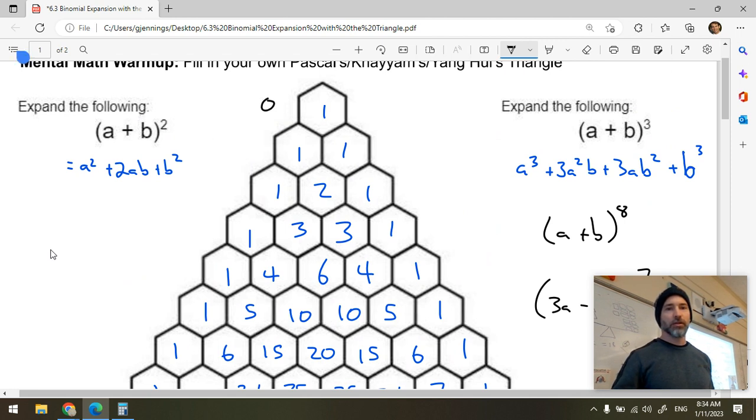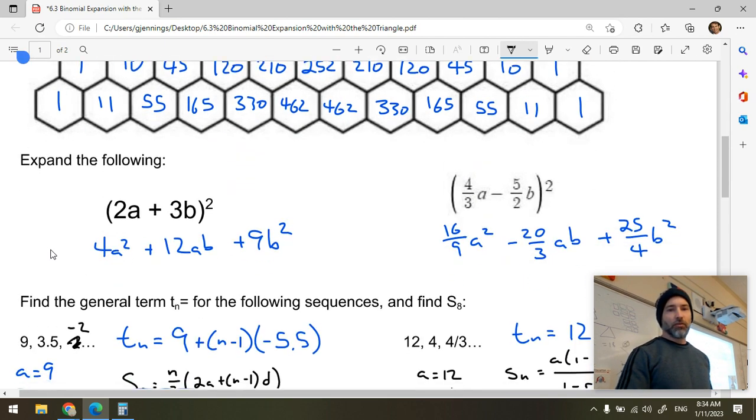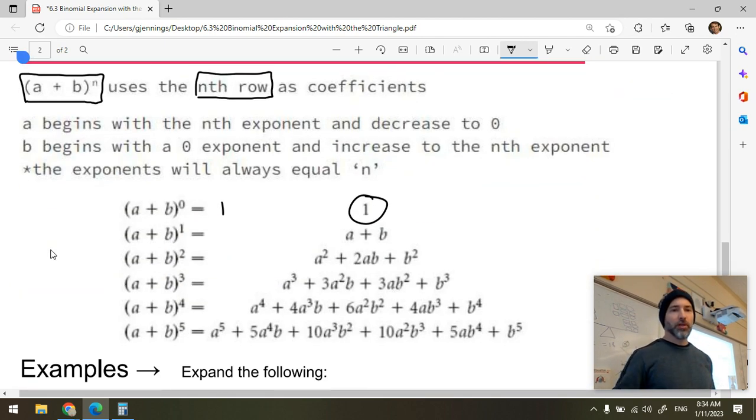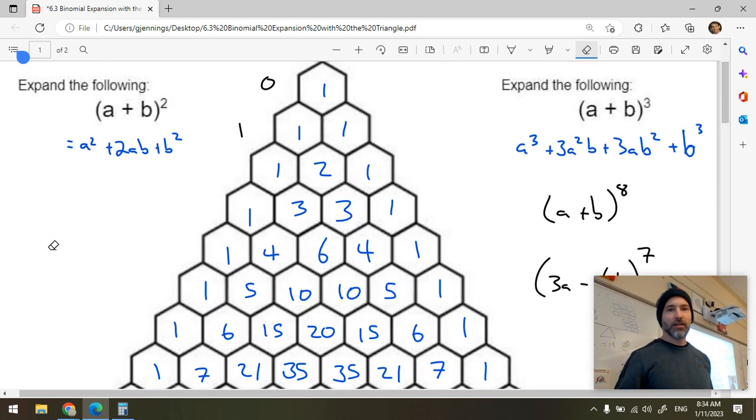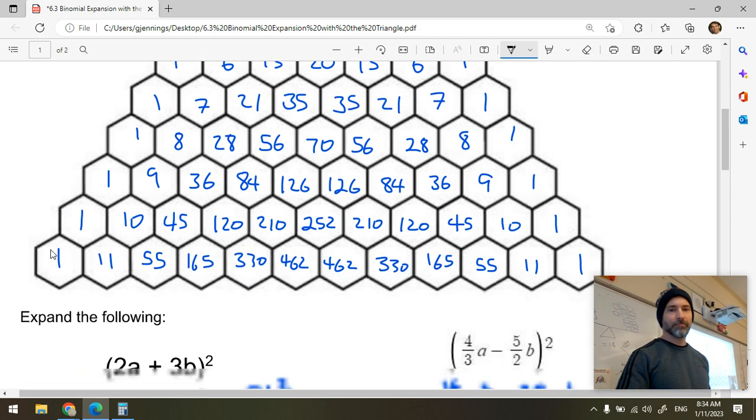This is row 0. This is row 1 here. And row 1, (a + b)^1, well, that's just a + b. And its coefficients are 1 and 1. This number and that number, 1a and 1b.